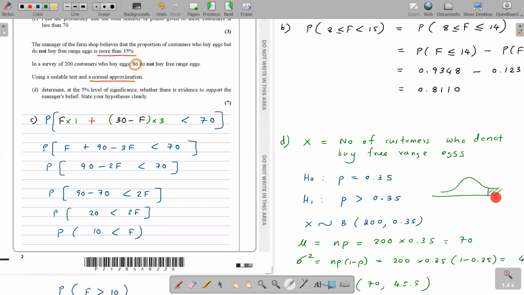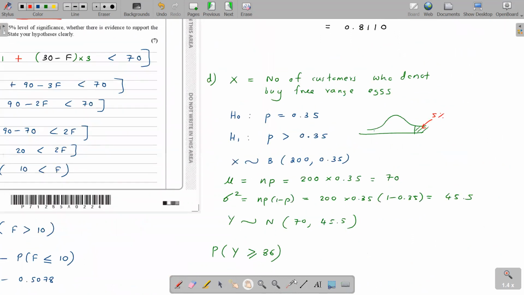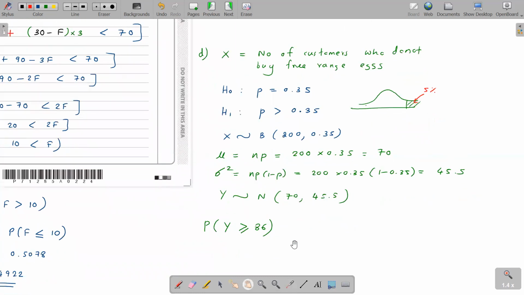Therefore, I need to check whether it falls inside the 5% in the right side tail. So for the right side tail, I will go for Y greater than or equal. If it's the left side tail, we go for less than or equal. Okay, so let's get the probability. Now, before you do any probabilities, you are going from binomial to normal.